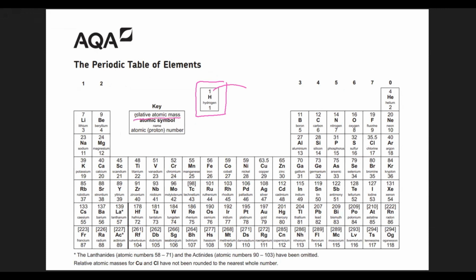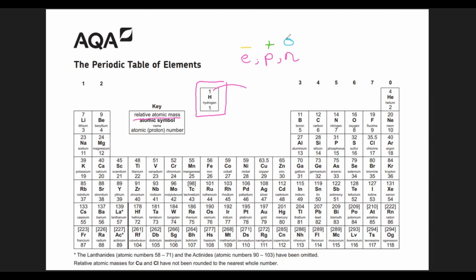Now, the best way to remember this is that if we think about our subatomic particles, we have electrons, protons, and neutrons. Electrons have a negative charge, protons have a positive charge, and neutrons are neutral and have no charge. However, electrons are so small that their weight is negligible.